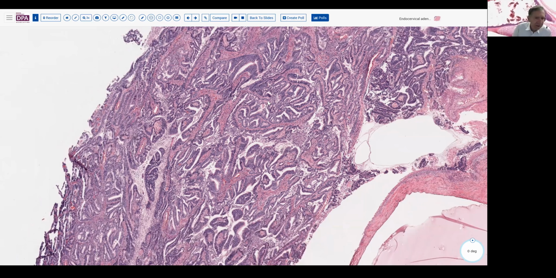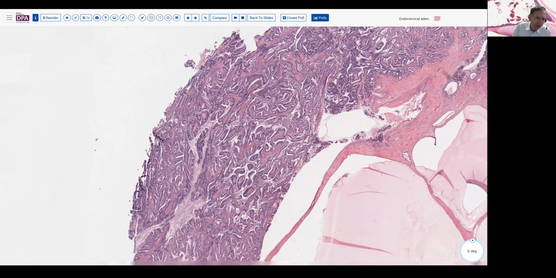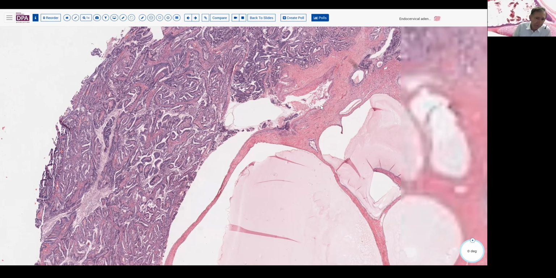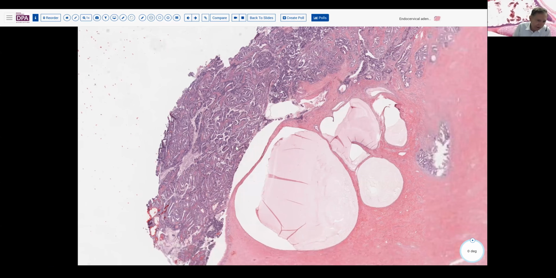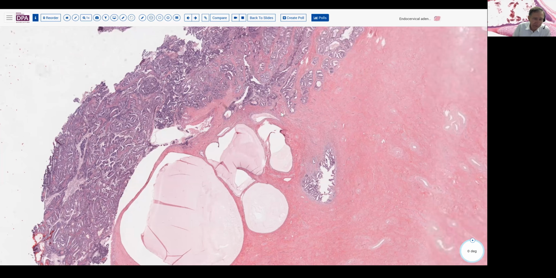One of the features that is difficult with endocervical adenocarcinoma of the usual type is defining invasion. So this lesion is somewhat exophytic. Here's the squamocolumnar junction. And here we have some benign endocervical glands.